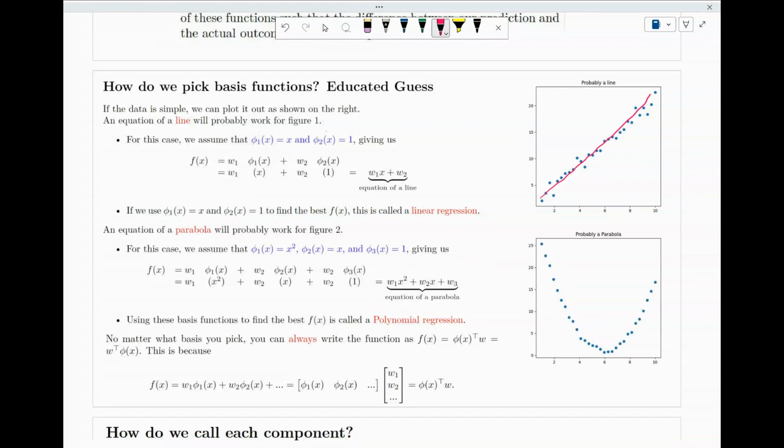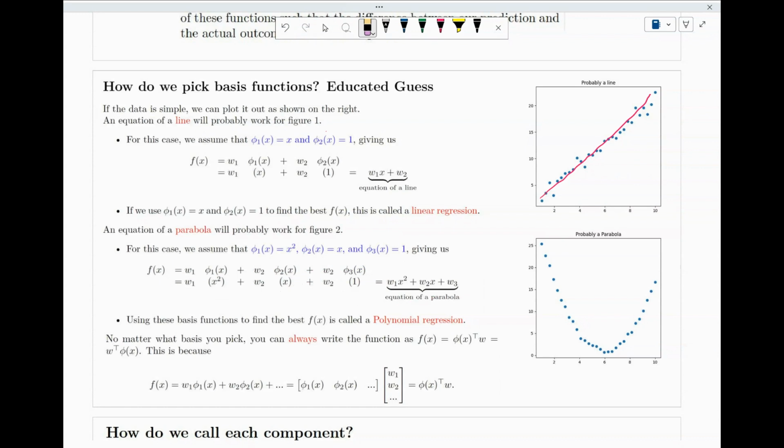In this particular case, phi 1 is x squared, phi 2 is x, phi 3 is 1. So the function, once again, is constructed with a combination of these three: x squared, x, and 1. So the result here gives us the parabola.